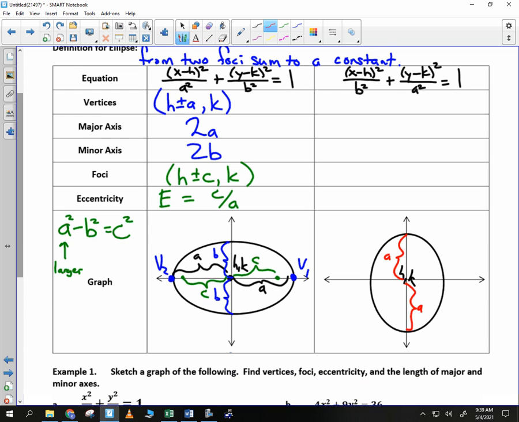So as we talk about our vertices, we will have h, and we have k plus or minus a. What is the length of that? 2a. How far do you think we go in the horizontal direction this time? We go b units each way for a total of 2b.